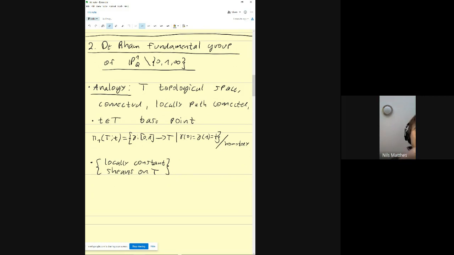And if you're given such a locally constant sheaf, you can associate to it its fiber. So this goes into sets. If you have F, then you can associate to it its fiber at the point t. Let's call this functor omega t. And the point is that now on this fiber you have an action of the fundamental group.